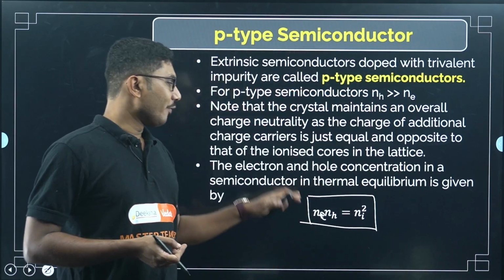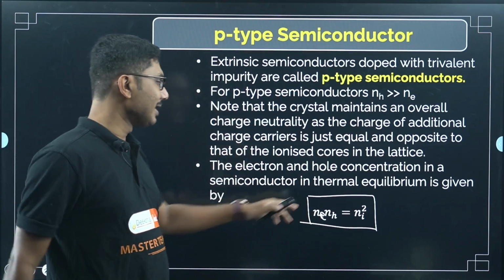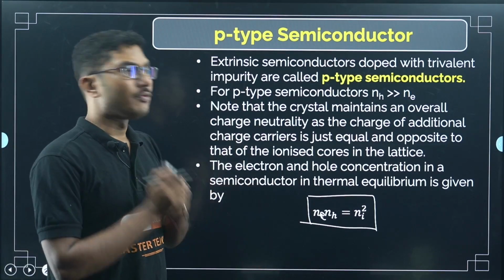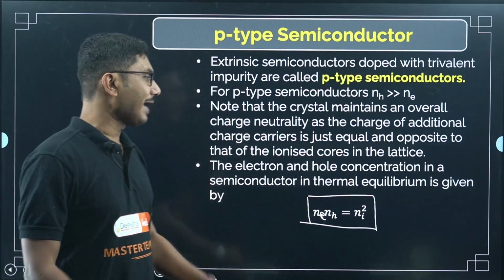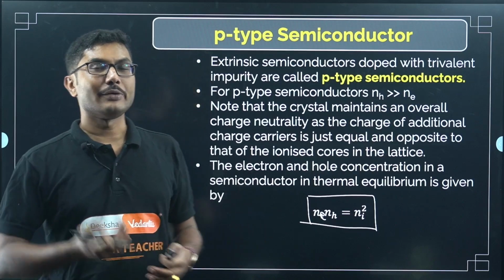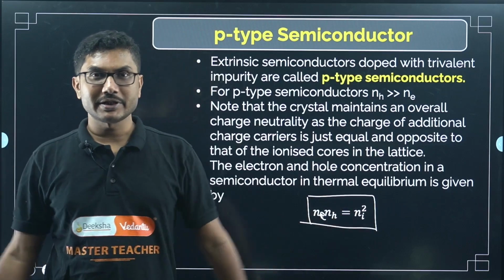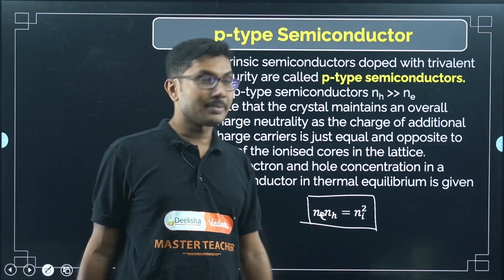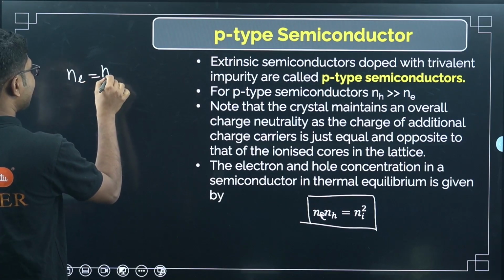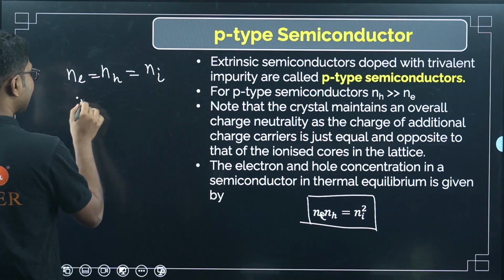So suppose the total number of free electrons in that crystal is Ne, and the total number of holes is Nh. When the semiconductor was in intrinsic condition, when there was no dopant, suppose its charge concentration was Ni. You remember that we wrote Ne equals Nh equals Ni for an intrinsic semiconductor.